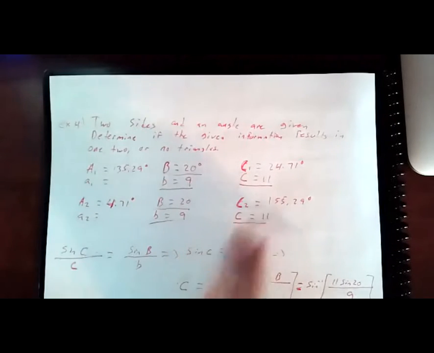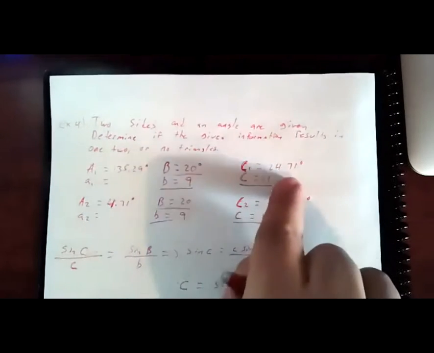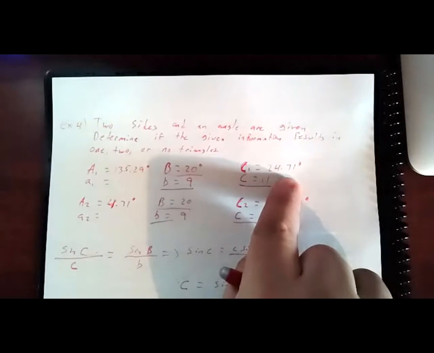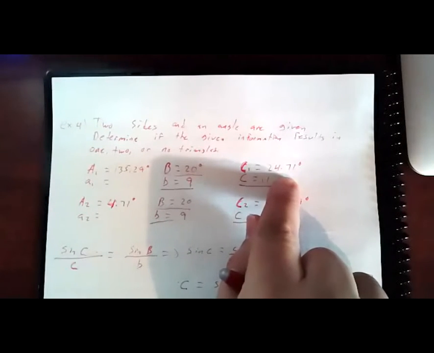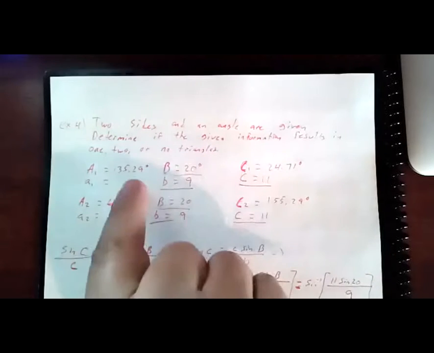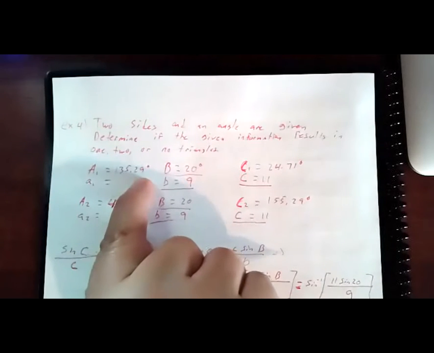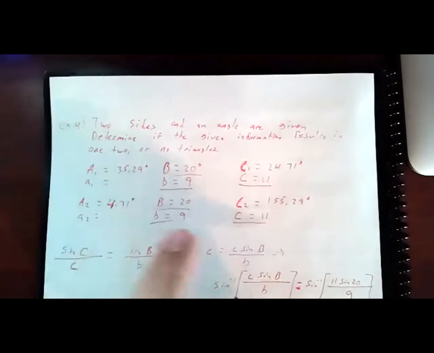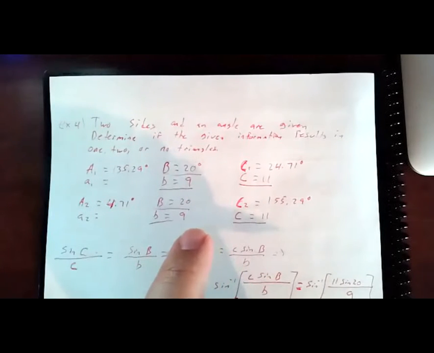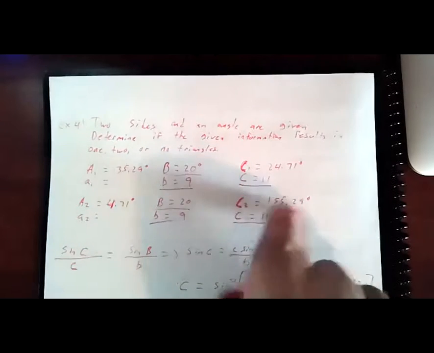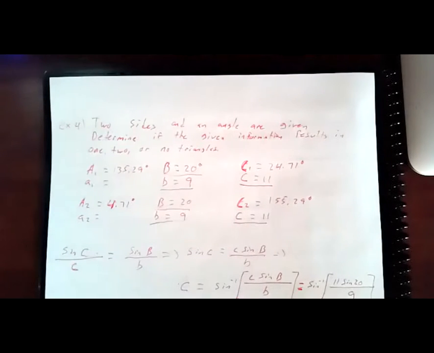So you could put 180 minus 20 and then minus 24.71. That should give you the A that was missing earlier. And then do it again. Okay, I got it. I was missing that 20.